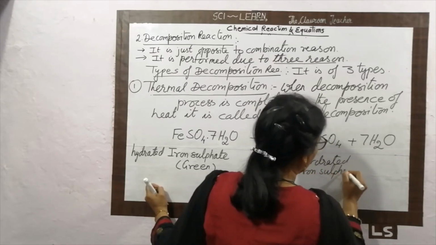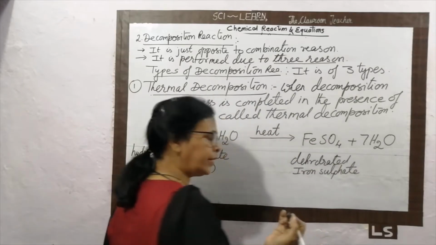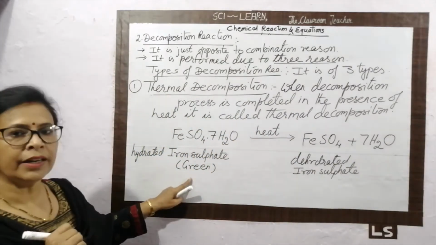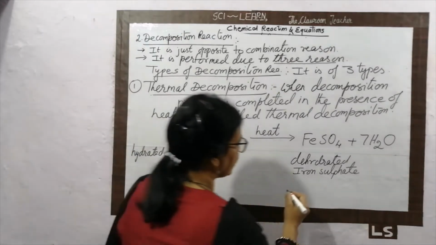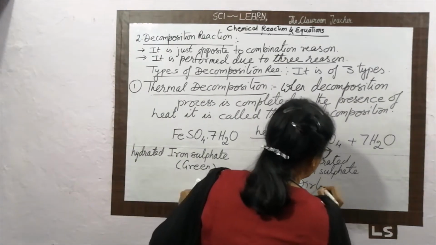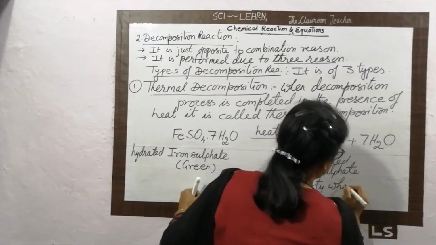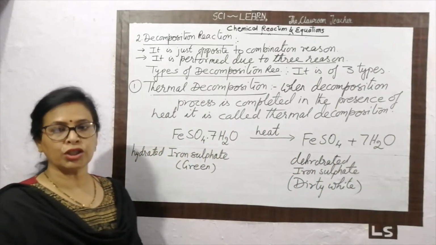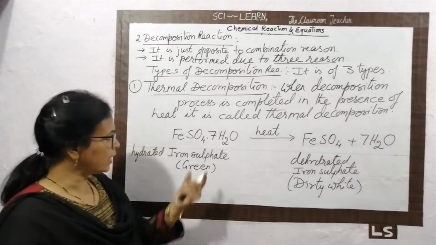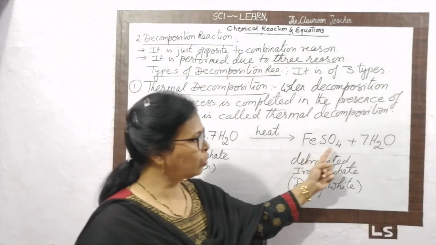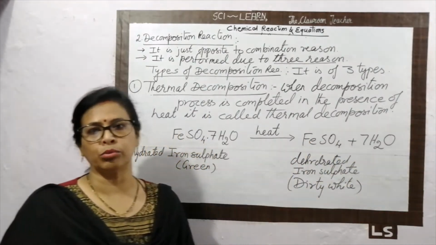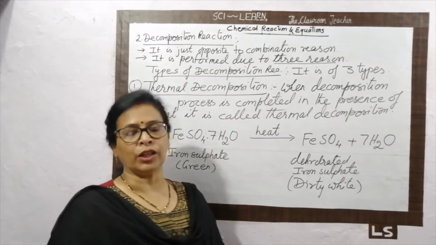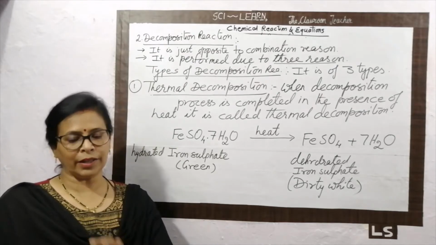How do we understand that it is dehydrated? The color changes from green to dirty white. If the color changes, then we know that a decomposition process is going on. This is a single compound split into 2 parts, so it is a decomposition reaction, and this splitting occurs in the presence of heat only, so it is called thermal decomposition.